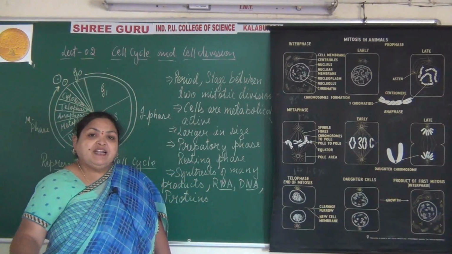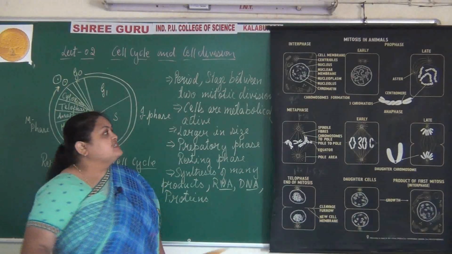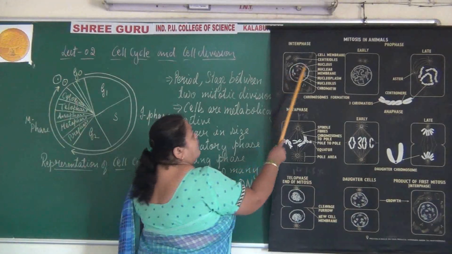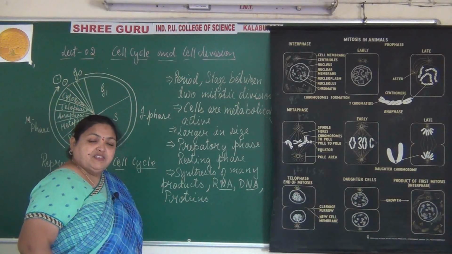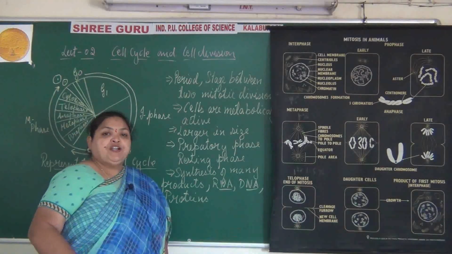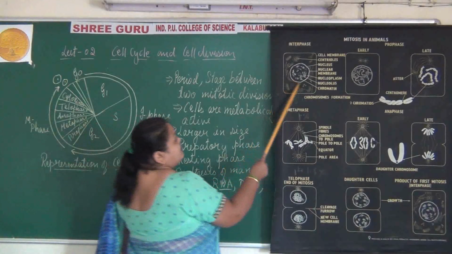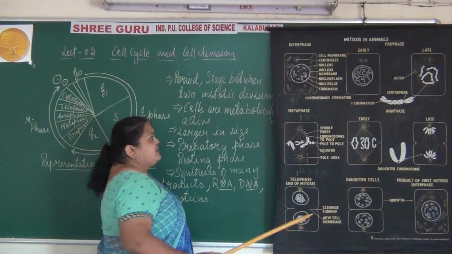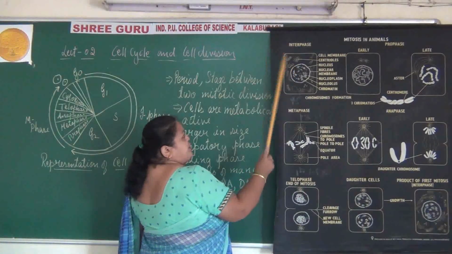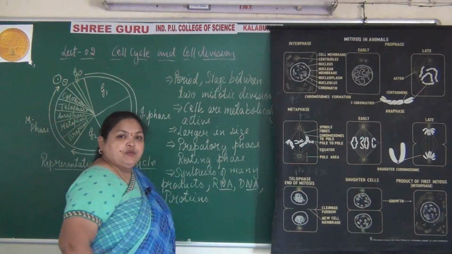And in this interphase you will see that the nucleus is very well organized. Especially in interphase most of the changes occur in the nucleus. It is occurring only in the nucleus with the centrioles, with slight changes in the cytoplasm.